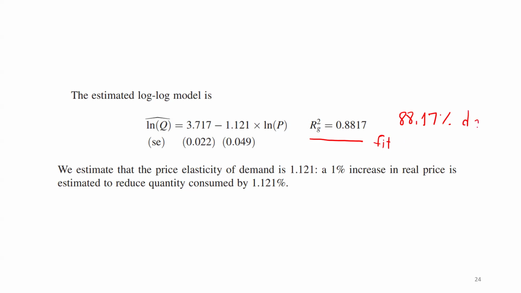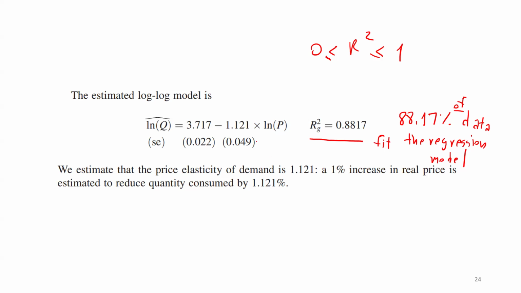Now, 88.17% of the data fit the regression model, which is quite good, right? Because the maximum we have is 1, which means 100% of the data, or 0, which means none of the data fit the model. So 88.17%, quite good.